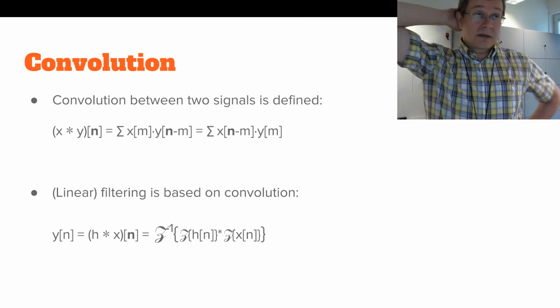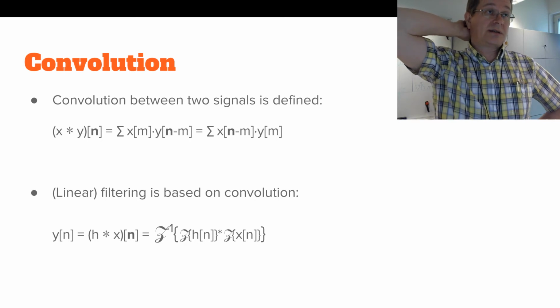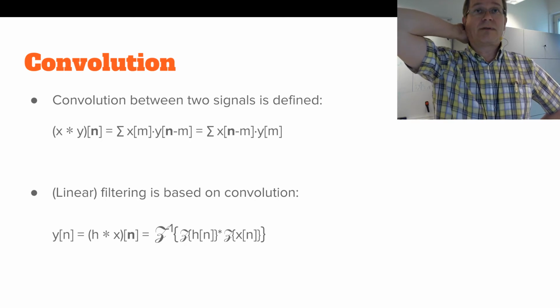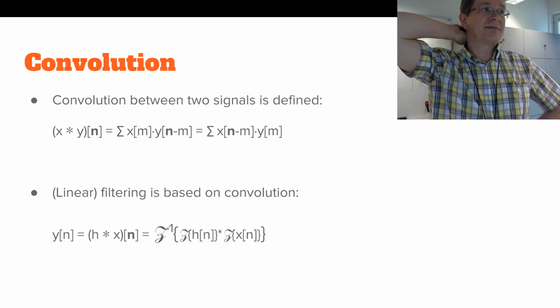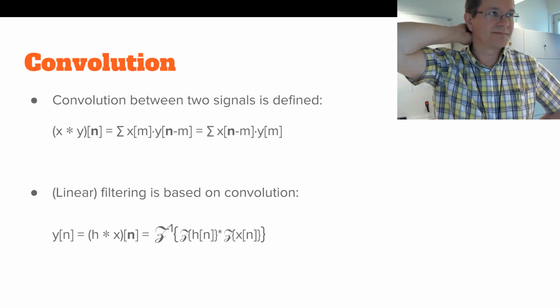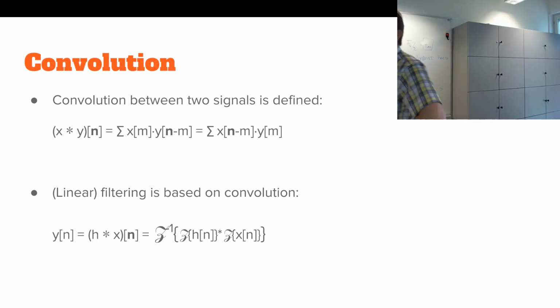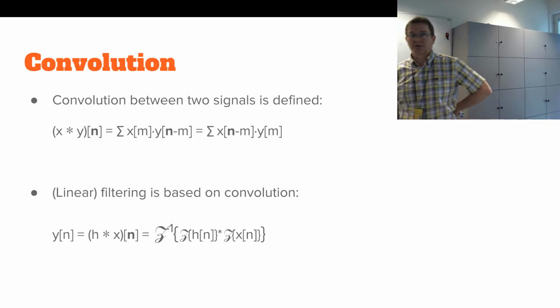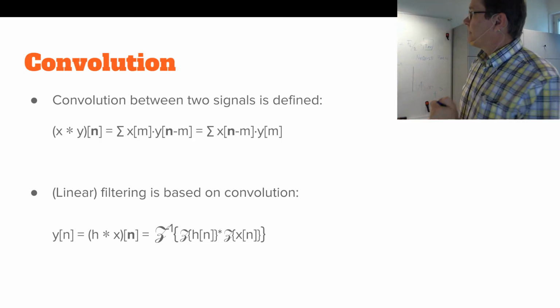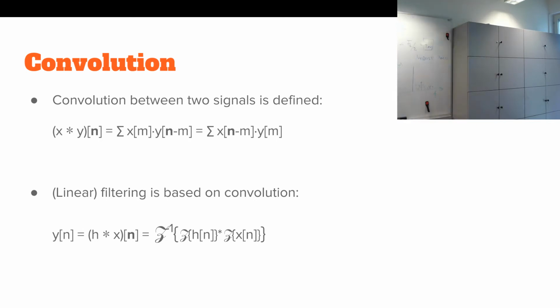Convolution is also the fundamental of how you do digital filters. Linear filtering is based on convolution, meaning that you take, for example, this kind of filter property.